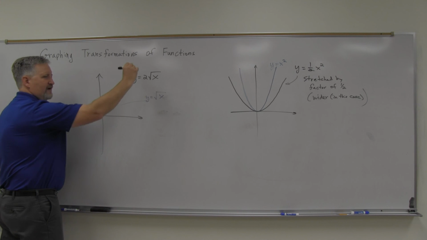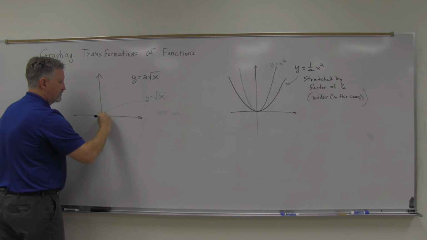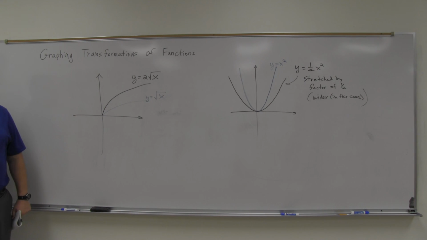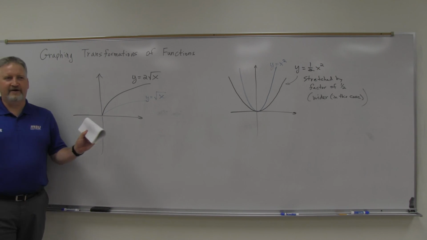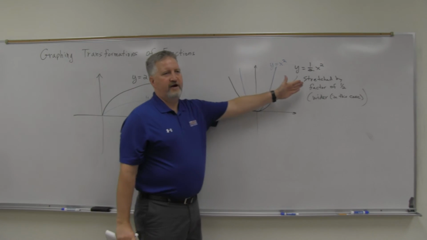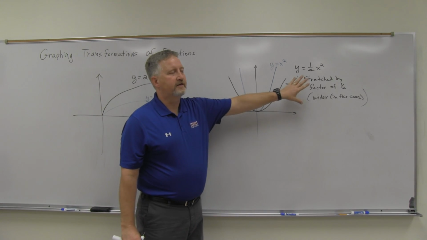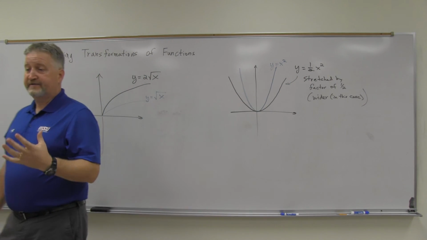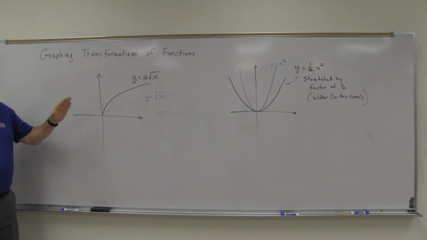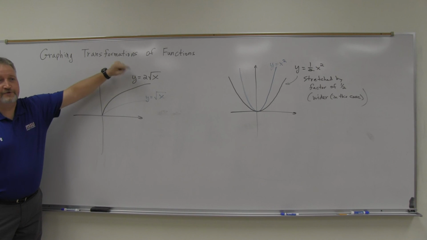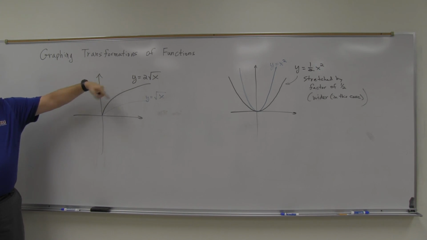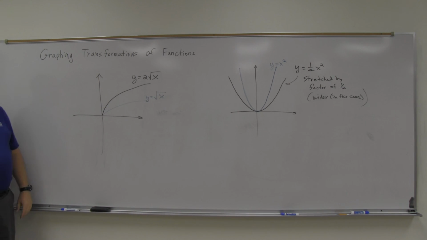Well, if I stretch it by a factor of 2, doesn't it move it up here? Would you call that wider or narrower? I would call that wide. So you have to be careful with the wider or narrower thing, but it works for the x squared graph perfectly fine, and we'll use it later on. We'll do a lot more with the x squared graph, and wider and narrower is perfectly fine. But just be aware here, it's stretched by a factor of 2, so it actually comes out looking wider for your square root graph. It kind of works the opposite there, so just be aware of that.